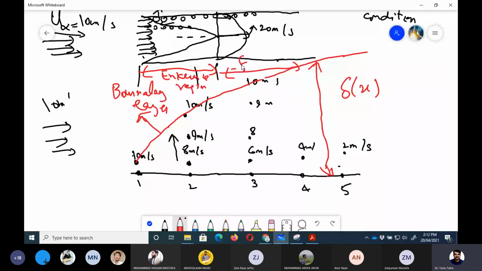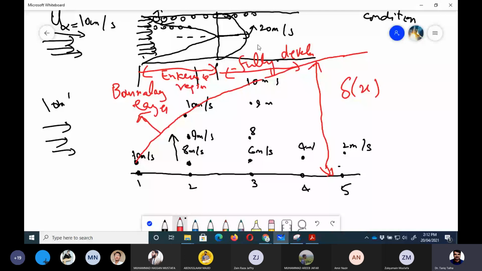In the fully developed region, there is no change in velocity, because now the velocity boundary layer is fully merged at the center. So it means that in the fully developed flow, the viscous forces are balanced by the pressure drop which is happening in this pipe, right?